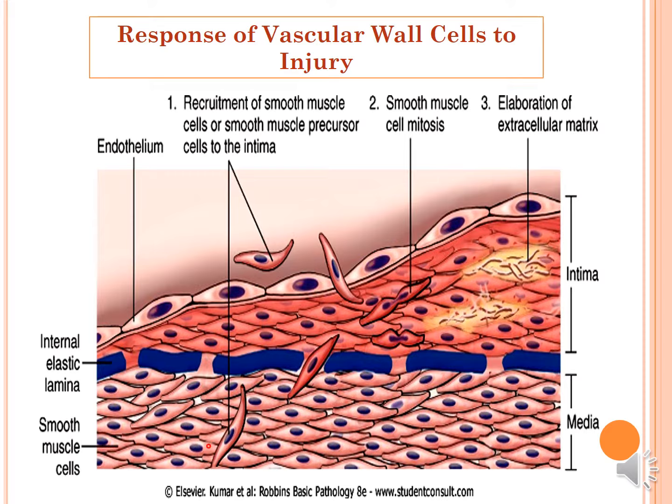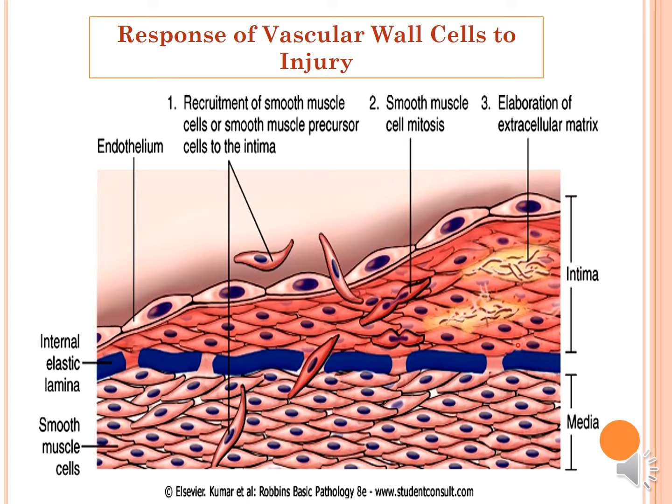So smooth muscle cells will migrate from their normal habitat, which is the media, towards the intima. Inside the intima, smooth muscle cells will undergo mitosis, cell division, so they will increase in number. At the same time, they will also elaborate extracellular matrix proteins.